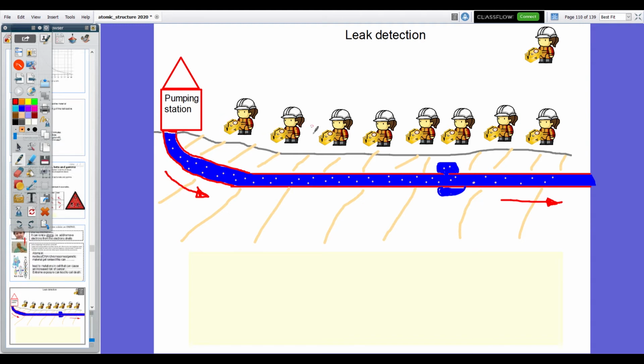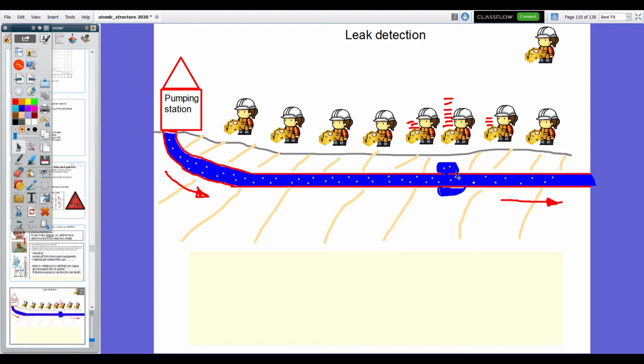As we keep on going, no reaction. But as we start to find where the leak is, we might start to get some indicators on the Geiger Muller tube, because it can detect the radioactive source where it leaks out of the pipe. In this position here, we can detect some of the radioactivity because it's leaked out of the pipe and is coming up close to the surface.